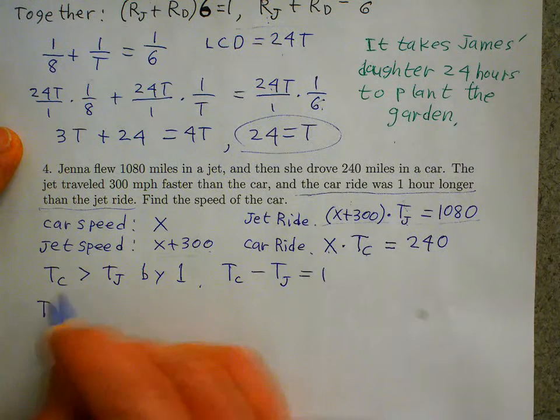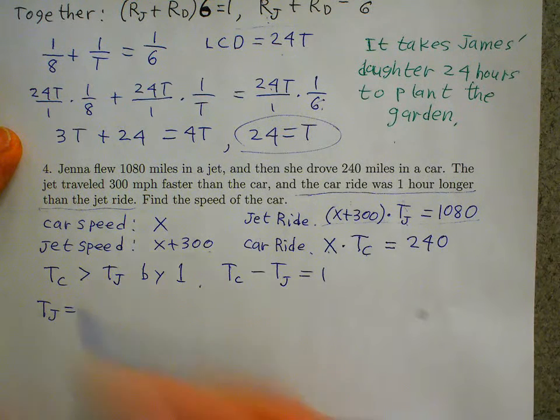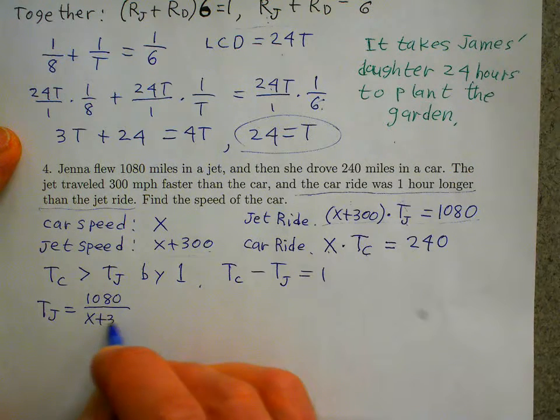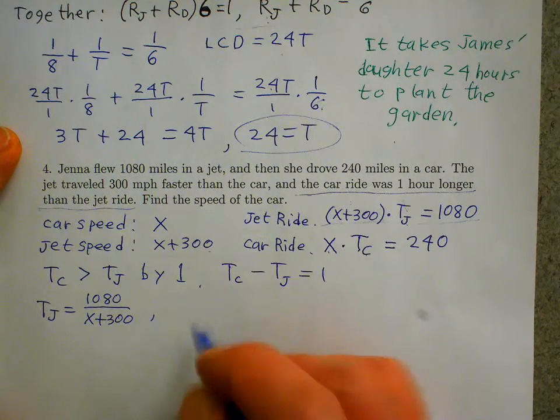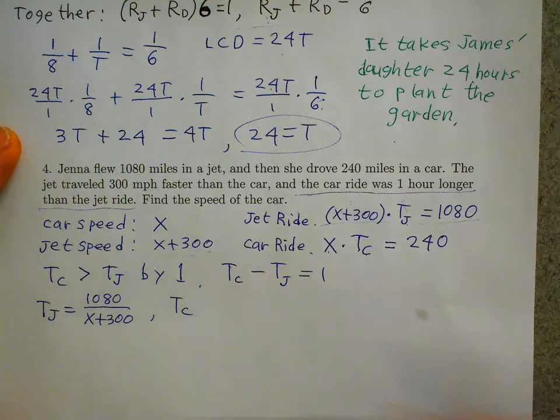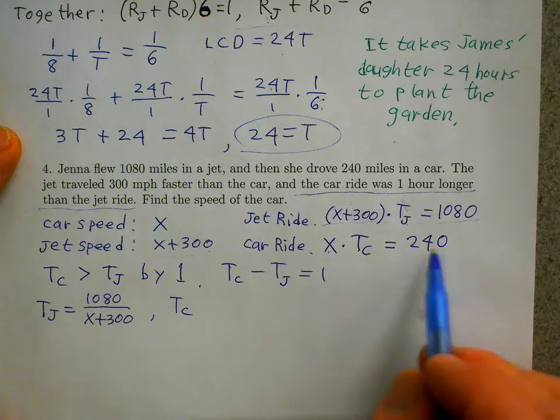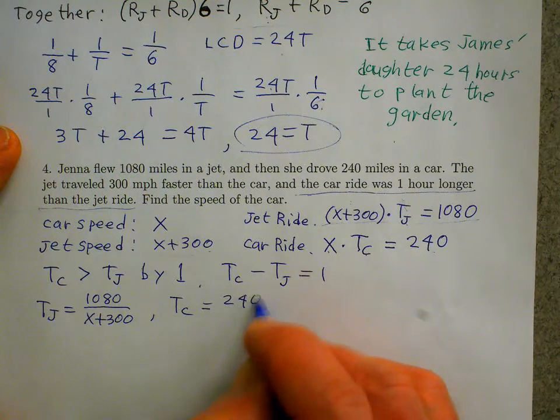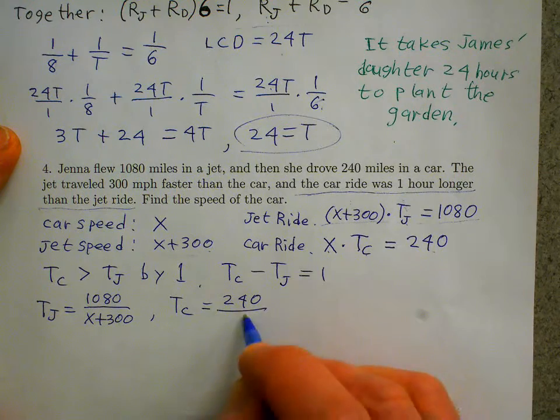The amount of time it took the jet to fly 1,080 miles is distance divided by rate. And the amount of time it took the car to travel 240 miles is the distance 240 miles divided by the rate x.